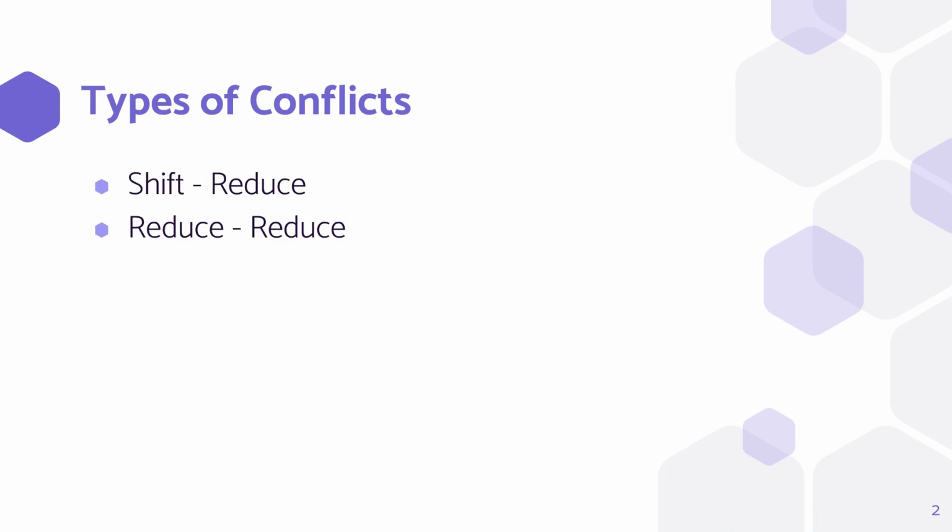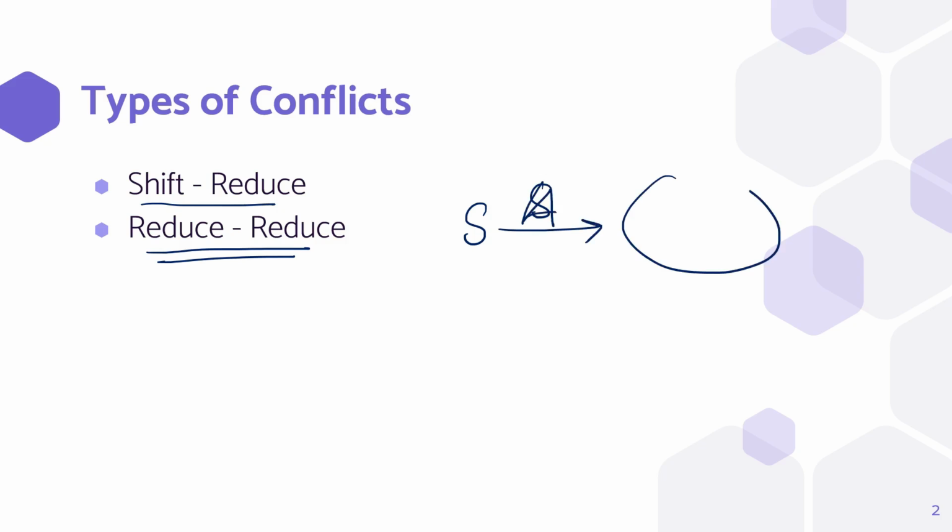Types of conflicts. There are two types of conflicts: shift-reduce and reduce-reduce. So what do we mean by shift-reduce and reduce-reduce conflict? Say for example, I have been shifting a variable, and it is also being reduced somehow.